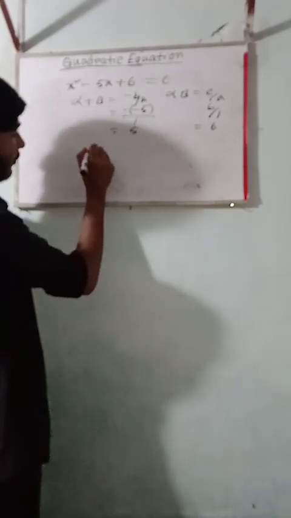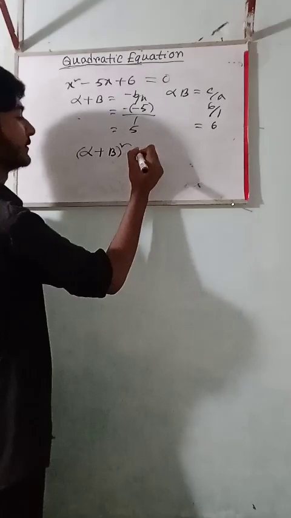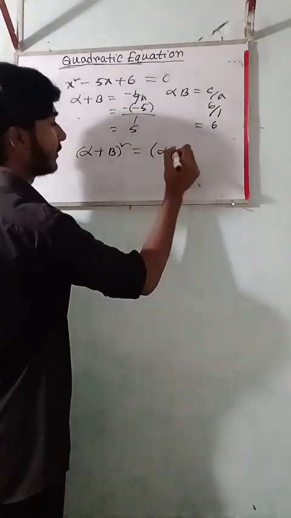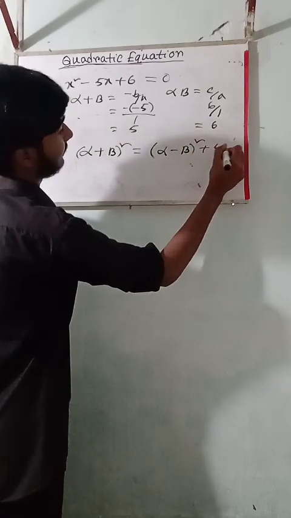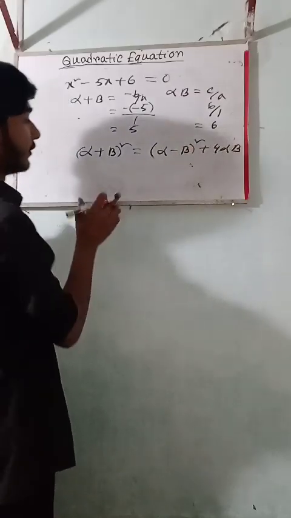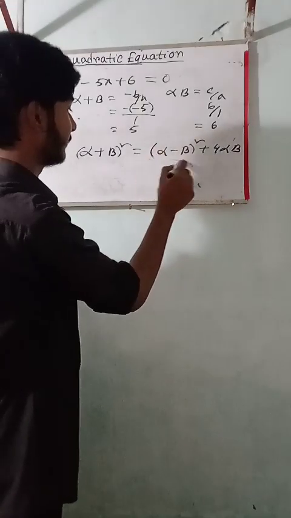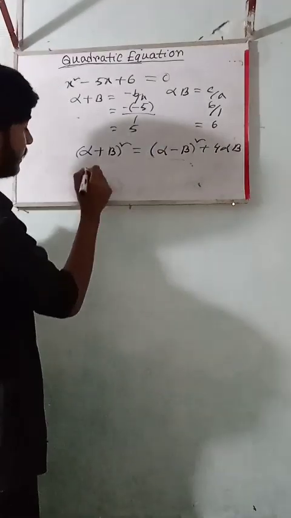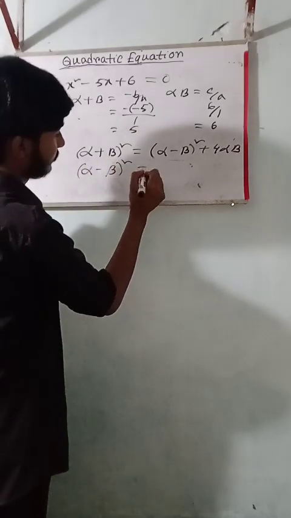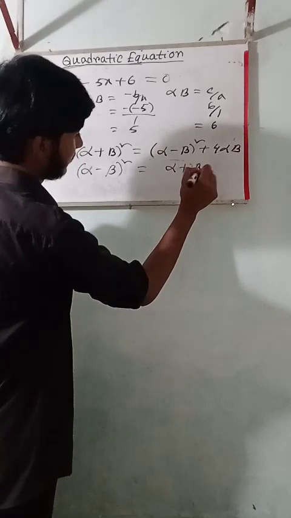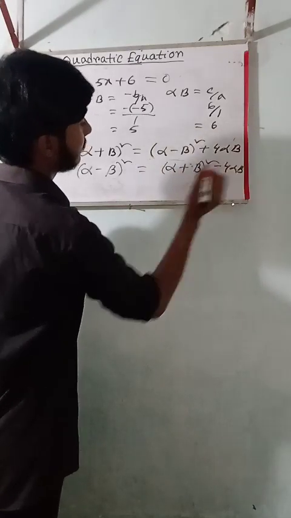We know the formula: alpha plus beta whole square is equal to alpha minus beta whole square plus 4 alpha beta. From this, here we have to solve for alpha minus beta whole square. So alpha minus beta whole square is equal to alpha plus beta whole square minus 4 alpha beta.